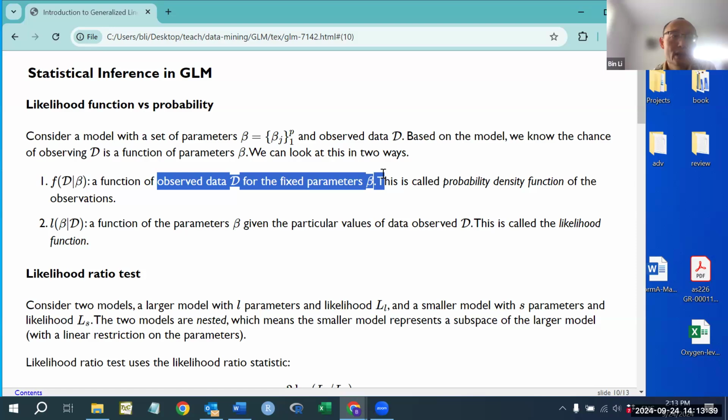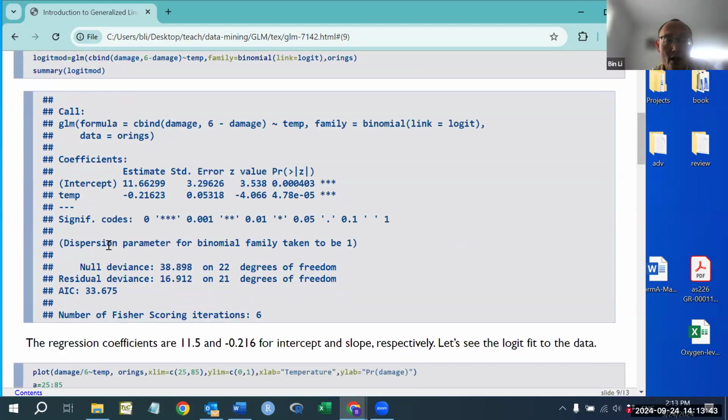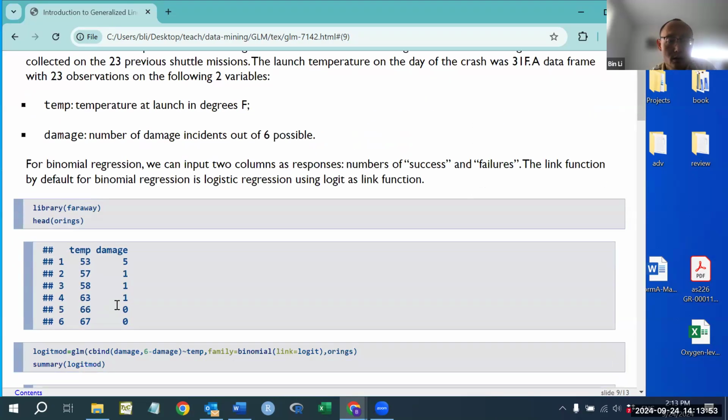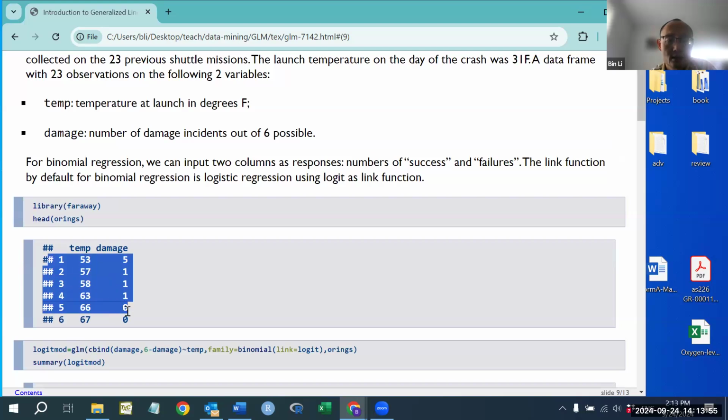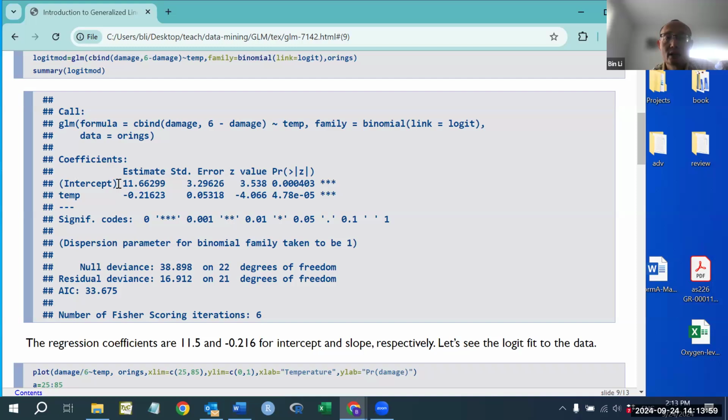Okay, so what does that mean? So that means the probability of getting this data set, given the intercept is 11.67 and the slope is negative 0.21, is a function.